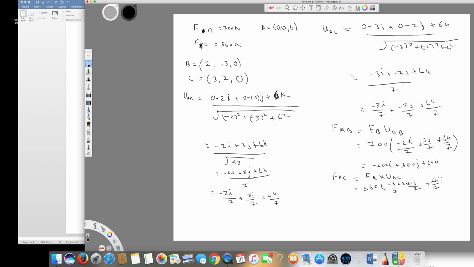So we have to multiply. 8 times 7 is 56, so since this one is 560, it's going to be 80 times. So 80 times minus 3 is going to be minus 240i, and 80 times minus 2 is going to be minus 160j. 80 times 6 is going to be 480k.